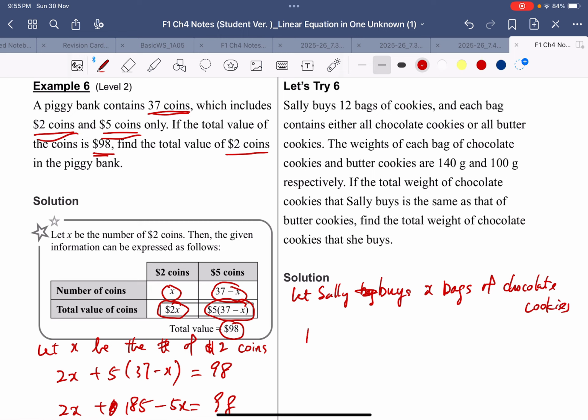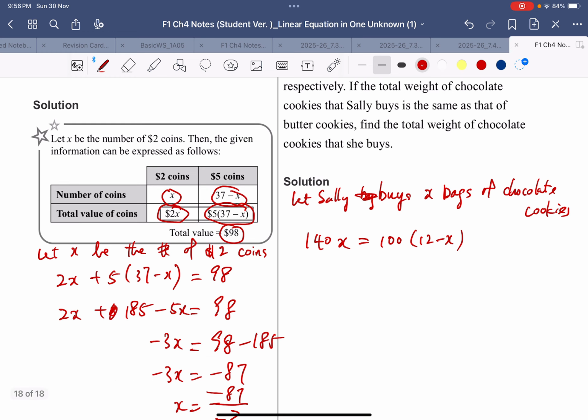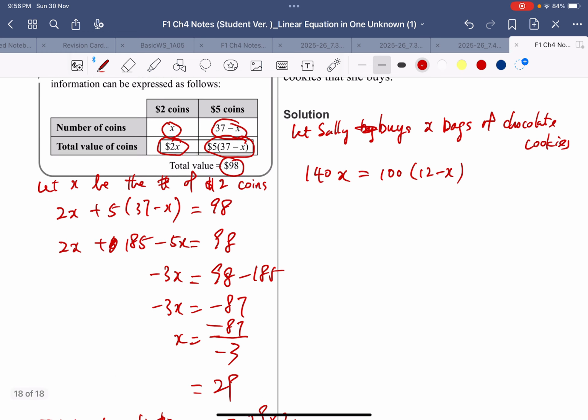Each of the chocolate cookies is 140 grams, so 140X equals 100 grams times the butter cookies, right? Like this. After setting up this, solve it.